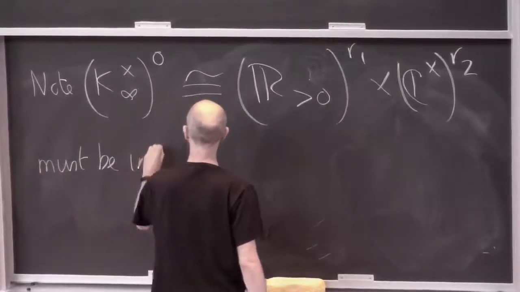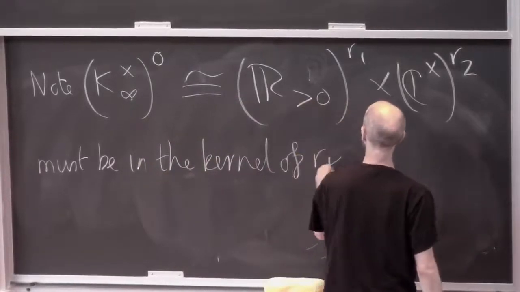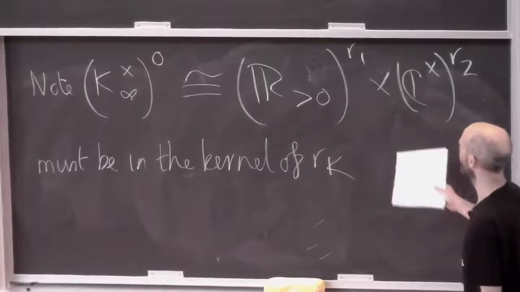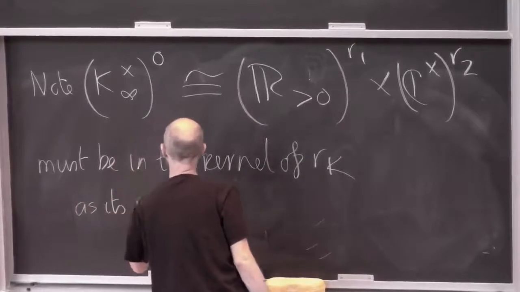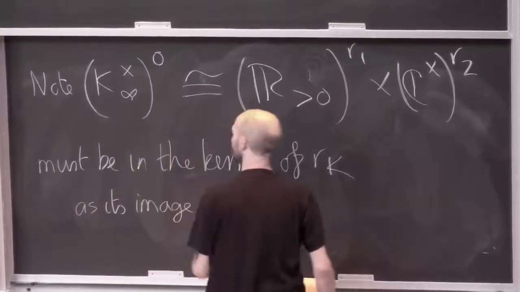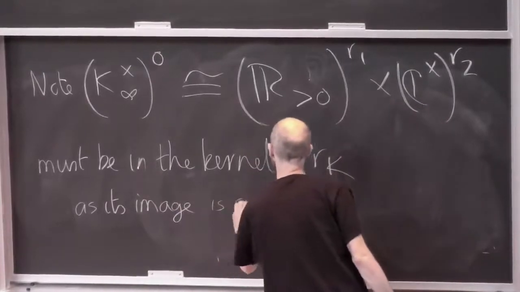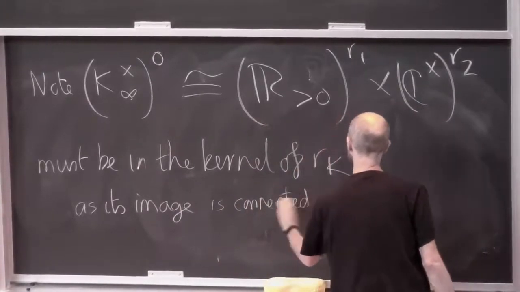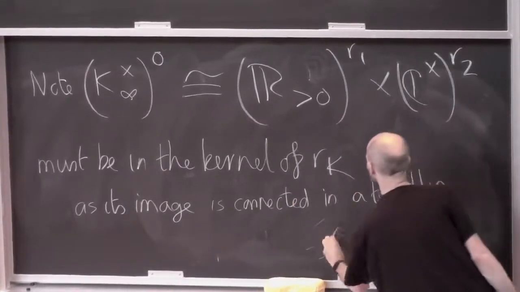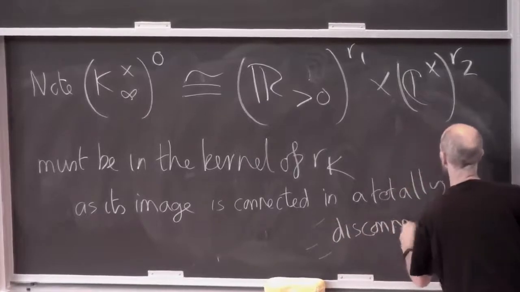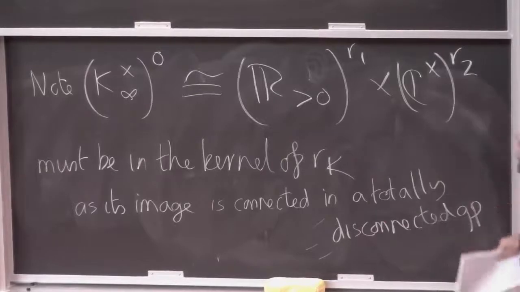It must be in the kernel of R_K, because as its image is the continuous image of a connected thing, it is connected, and it's in a totally disconnected group. So that has to die.